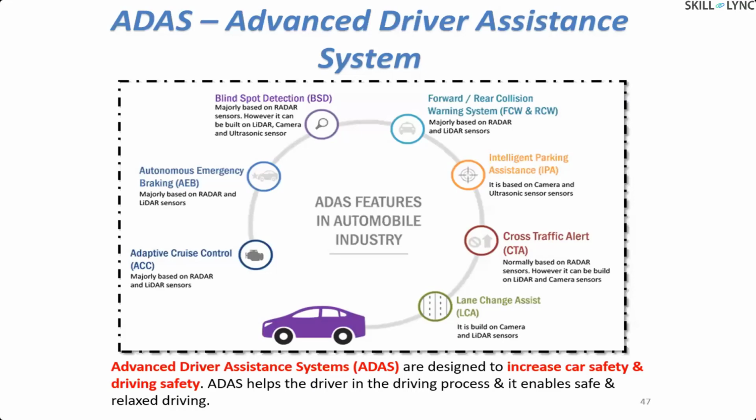Almost all the cars coming in the Indian market today have autonomous emergency braking, right? Which is related to the anti-lock braking system. So these kinds of features are being introduced to improve driver safety, passenger safety, and also to ease the whole driving process for your driver. Okay, so this is the ADAS feature.